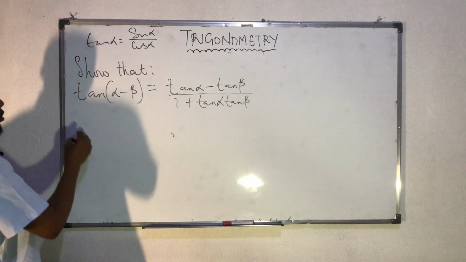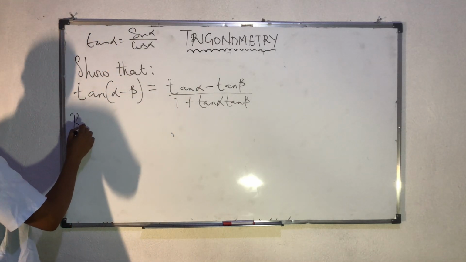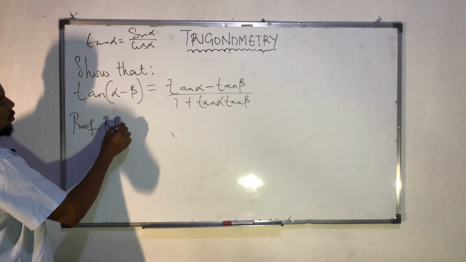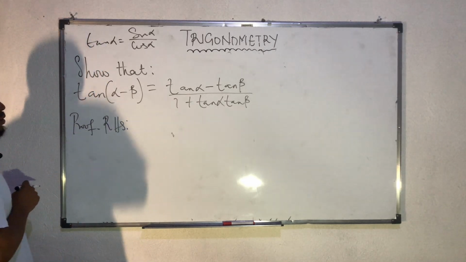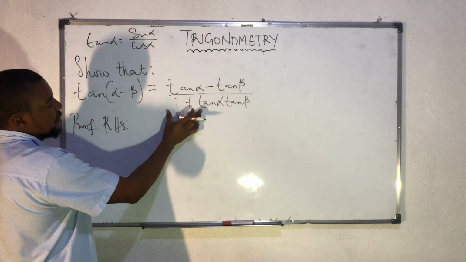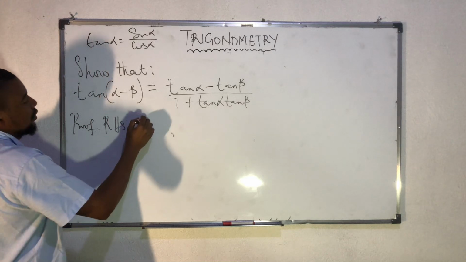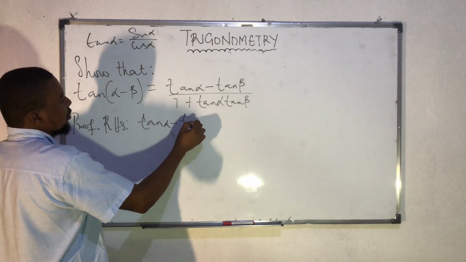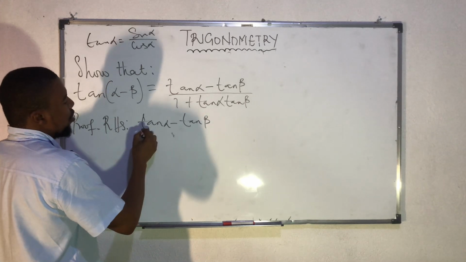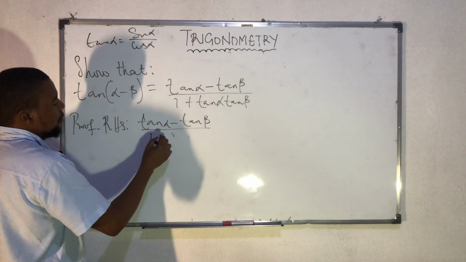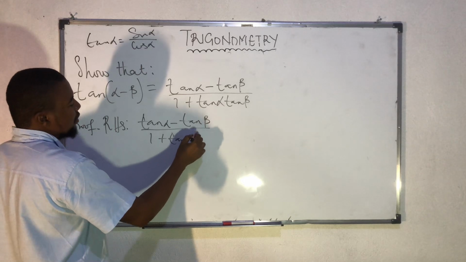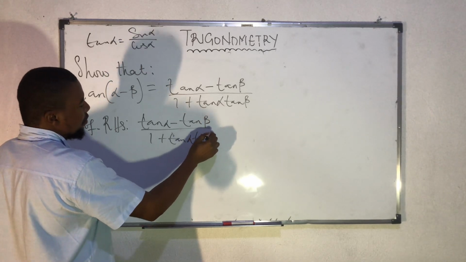All right, so I'm going to write my proof. RHS, which stands for right hand side. And I'll copy this down again and start from there. We have tan alpha minus tan beta over 1 plus tan alpha times tan beta.